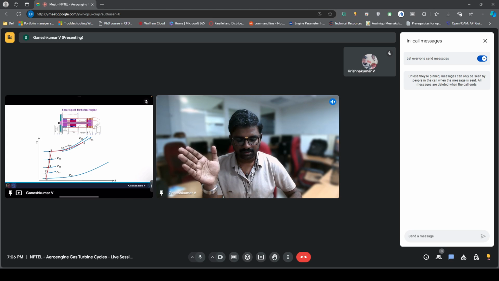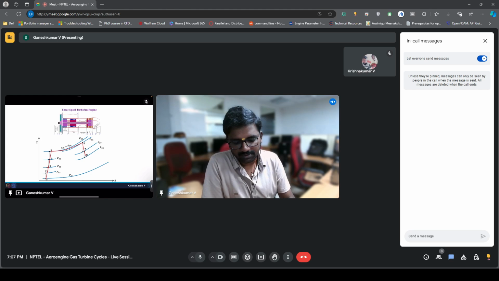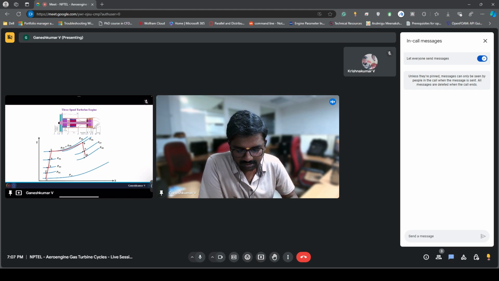So the high pressure turbine is the next component after the combustion chamber, from 6 to 7, where you see some expansion of gases, and while doing so you extract work, which is driving the high pressure compressor. And then from 7 to 8 you have the intermediate pressure turbine, which is extracting work from the flow gas and driving the intermediate pressure compressor.